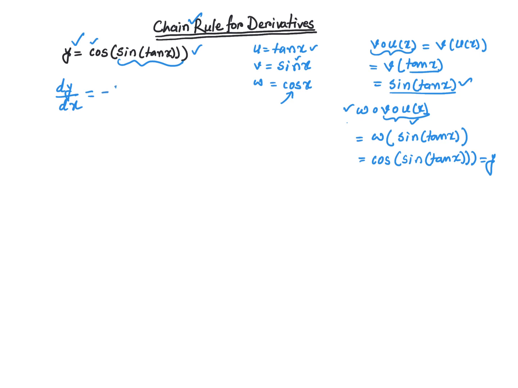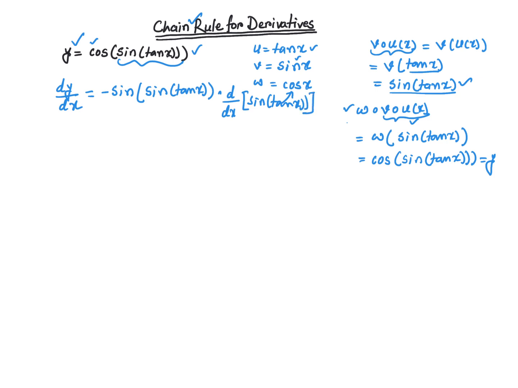So it's going to be negative sine of sine of tangent of x, times the derivative of whatever was the argument of cosine. So it's going to be d over dx of sine of tangent of x.